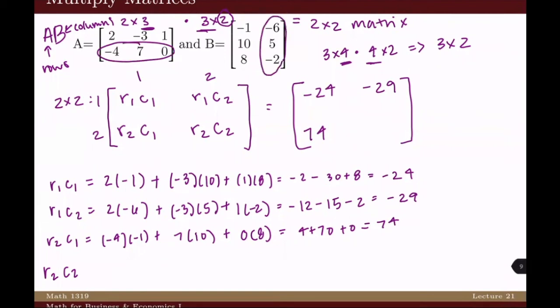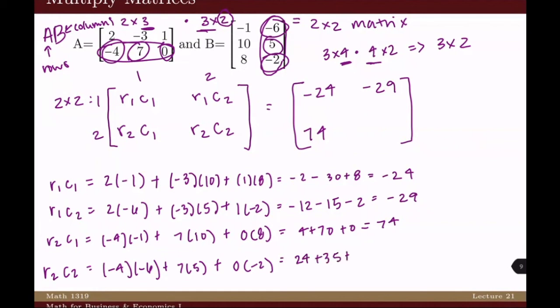So that's going to be negative 4 times negative 6 plus 7 times 5 plus 0 times negative 2, which is 6 times 4, 24, plus 35 plus 0. So that's going to be 59. So this is AB.